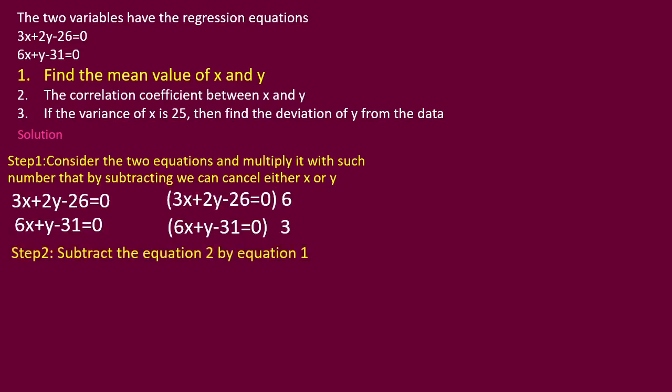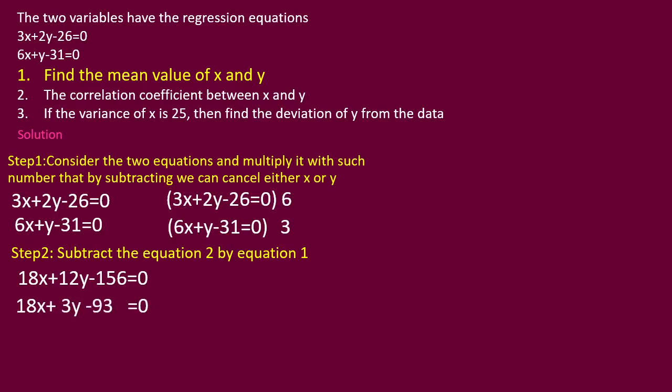The next step is to subtract equation 2 from equation 1. The first equation is now 6 into 3x is 18x, 2y into 6 is 12y, minus 26 into 6 is minus 156, equals 0 into 6, which is 0.